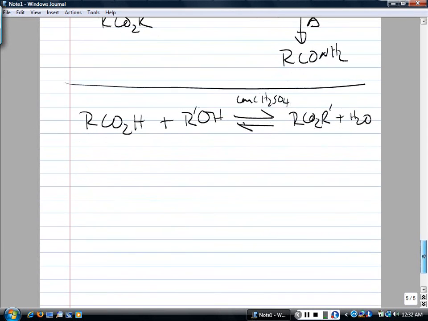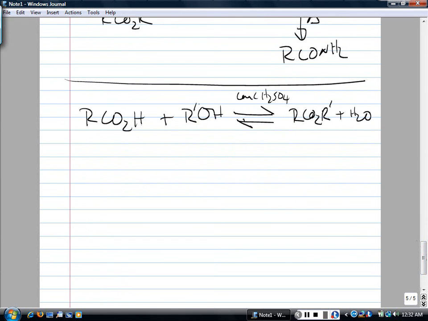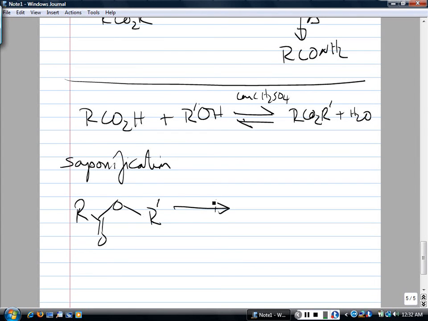And one of the more important industrial reactions is something called saponification, which actually is the reverse of this reaction. That essentially takes a carboxylic acid ester, typically a fat, right, where you have a long chain, where R is a long chain, C10, C12, C16, and you want to convert the ester, the fat, into the corresponding carboxylic acid salt.